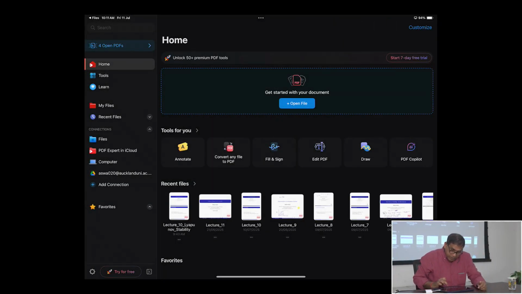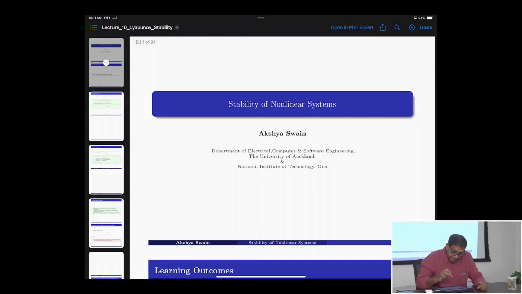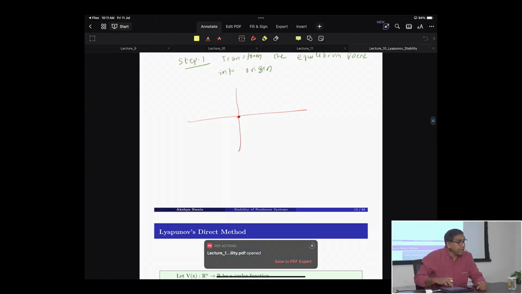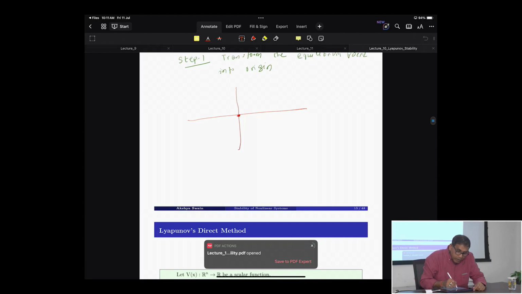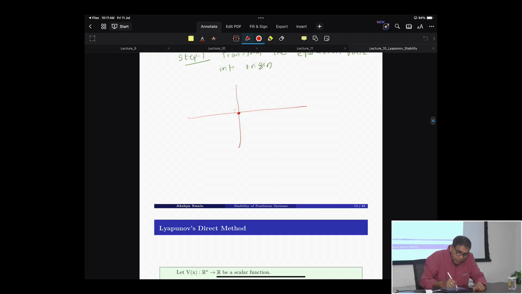The linearization method will tell you if the system operates within a small region, whether it's stable or not. Lyapunov stability is different. It is the origin, no doubt about that. But what happens?